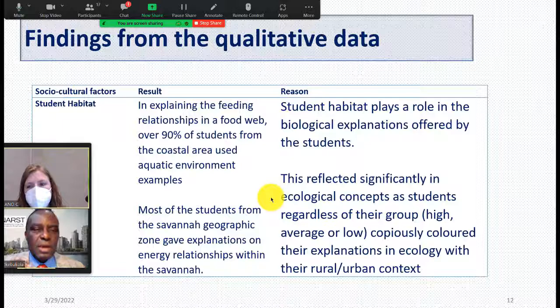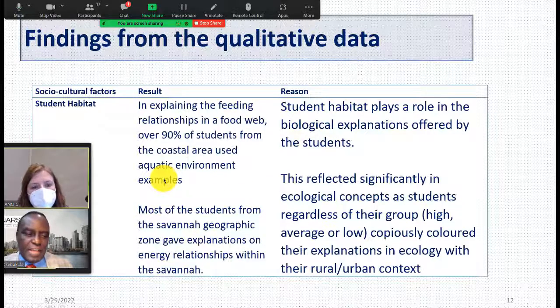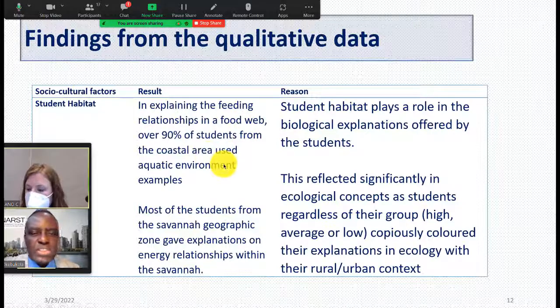Let's look at another sociocultural factor, that's the student habitat. Habitat would mean where the student resides. So we have ecology, and ecology as a concept, we taught that for about a month, the component for this study. We look at food web and the rest of them, energy flow in the ecosystem.